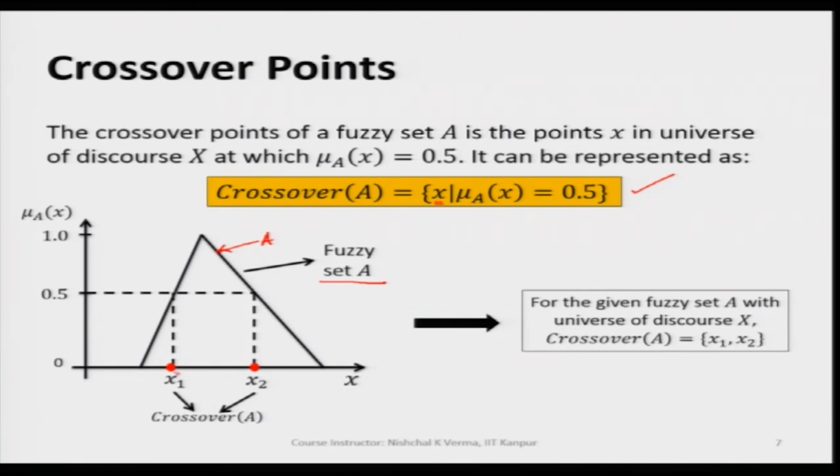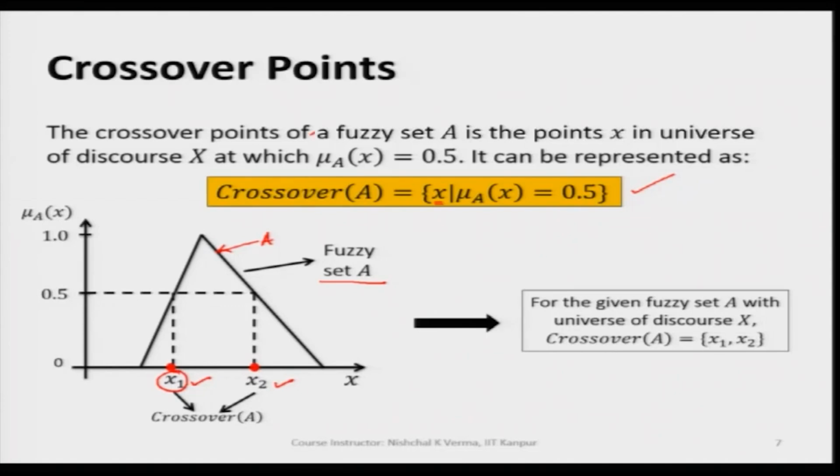So, x1 is the point here corresponding to which the membership value is half, or 0.5. For this fuzzy set we have two values, x1 and x2, for which we see here the membership value is 0.5.